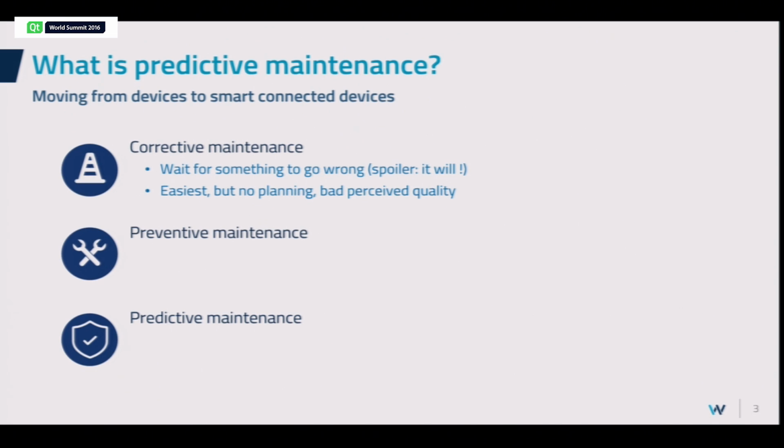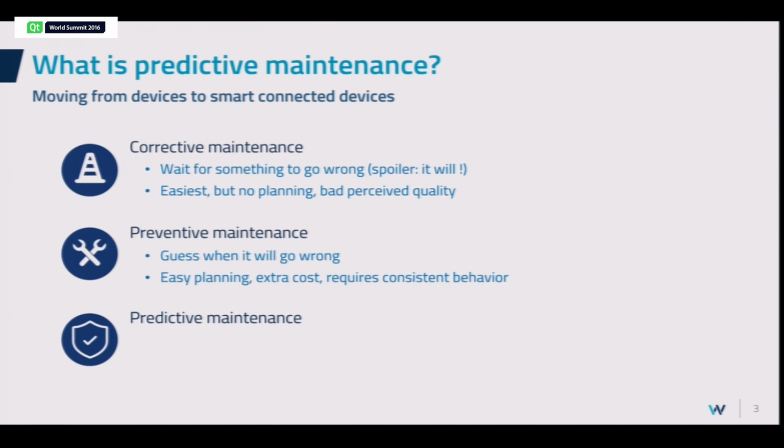So you have no way to tell how much fuel you have in your tank. The only way to know that you don't have any more fuel is to run out of fuel and be stopped in the middle of the highway, and say, okay, now I need to get back to a station and put some fuel in. That's a problem because the failure already happened. So you're in the corrective maintenance mode. The failure already happened and you need to do something about it.